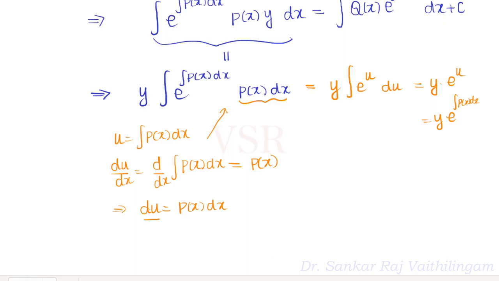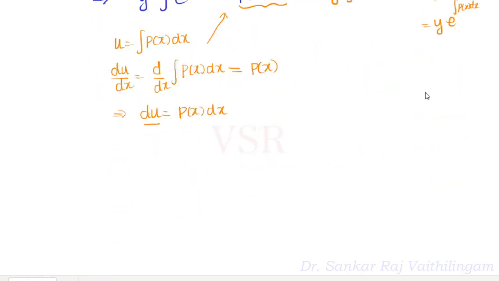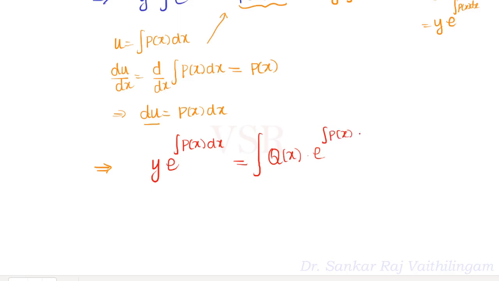So now இப்போ இது எல்லாத்தையும் சேர்த்து எழுதணும் அப்படின்னா this is right hand side, இது left hand side. அப்போ this implies that y e to the power integral of p of x dx is equal to integral of q of x into e to the power integral of p of x dx plus c. So this is my solution.